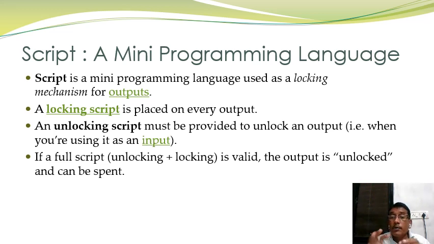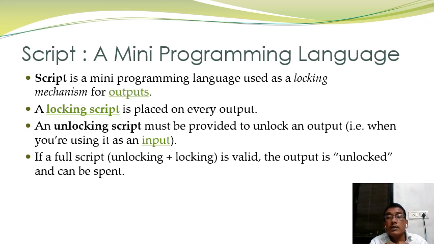So where are the scripts in Bitcoin? There are two types of script when we do a transaction: locking script and unlocking script. These scripts are written using the Bitcoin scripting language. That's why we are studying this language, because we have to do the transaction with this Bitcoin scripting language.